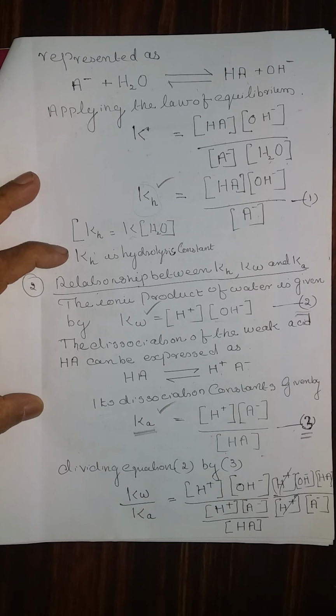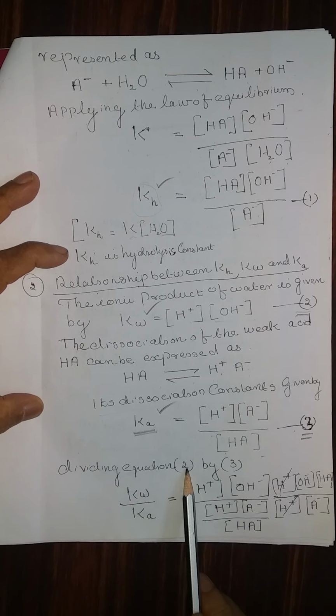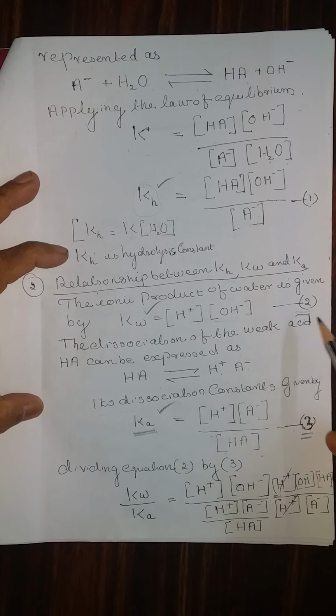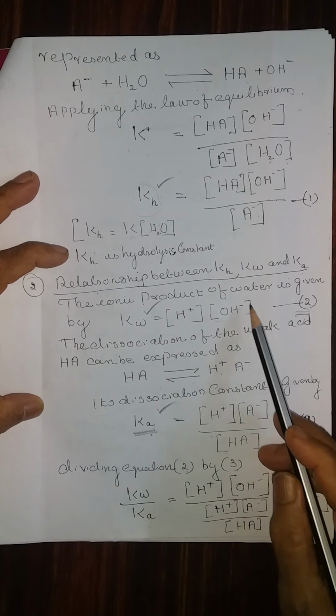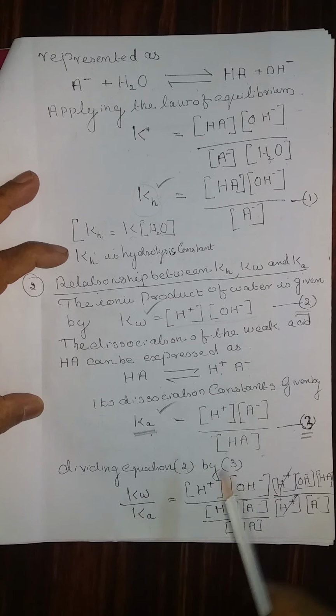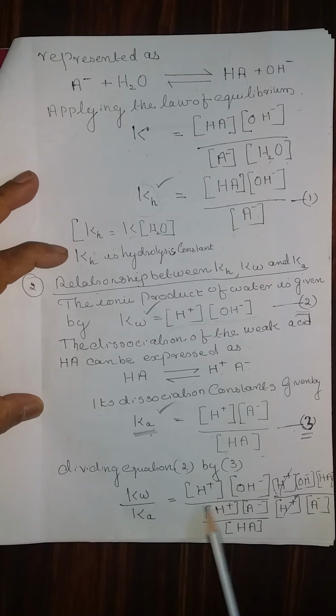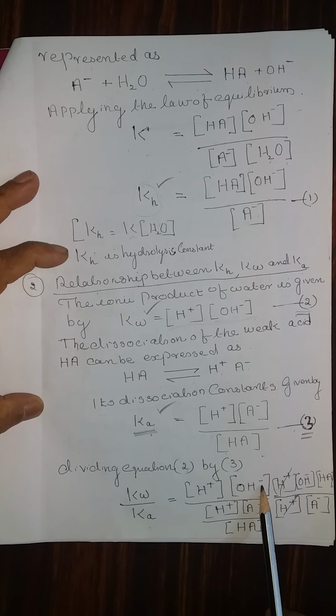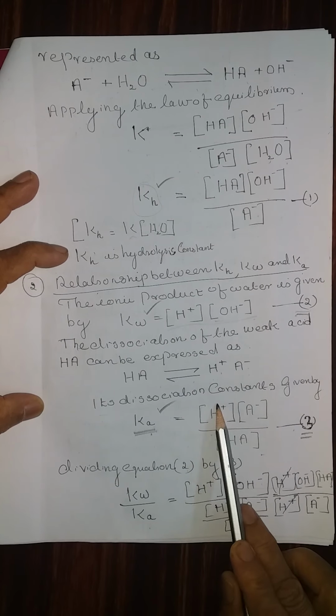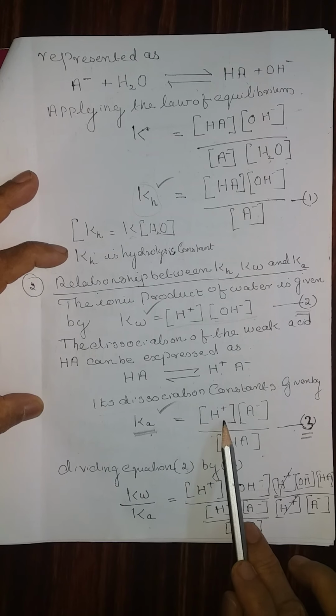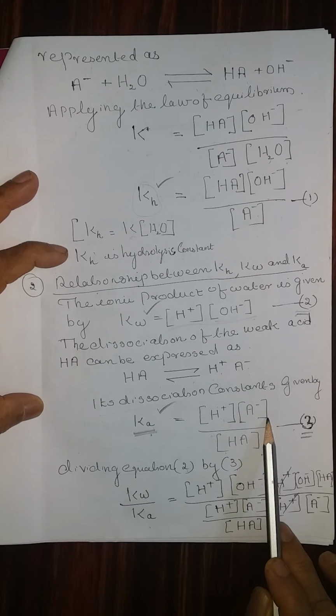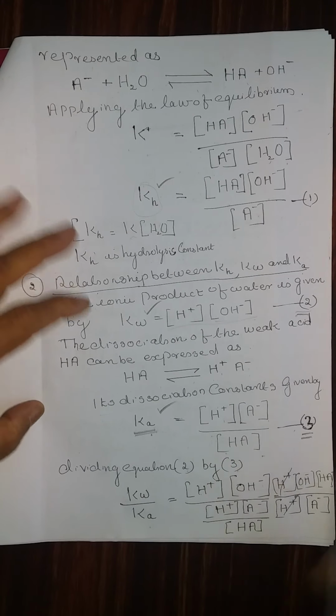We got the third one. Now, dividing equation 2 by 3, that means Kw by Ka. Write the values: concentration of H plus into concentration of OH minus divided by concentration of H plus into concentration of A minus divided by HA.